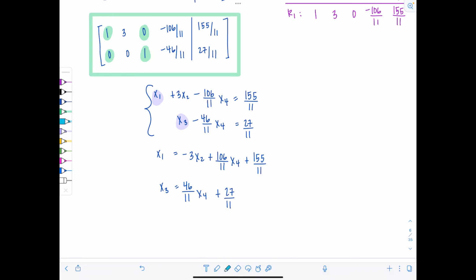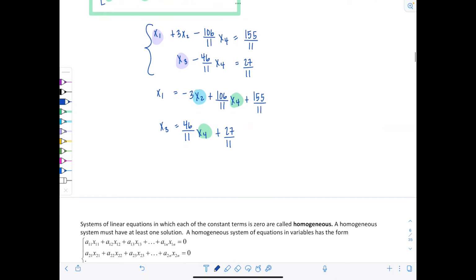So what are the free variables? x2 and x4. Okay, so we're going to have our ordered quadruplet, dare I say, x1, x2, x3, x4.